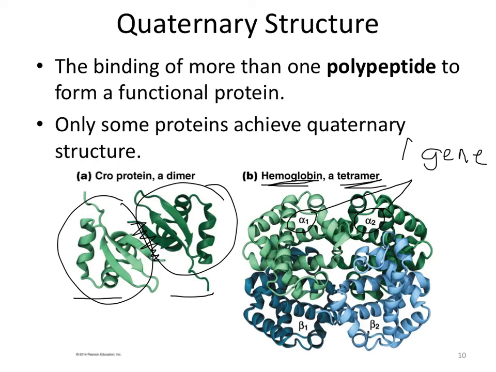And the beta 1 and the beta 2 each have their own gene. This would be in a normal human adult, for example. Therefore, there's a total of 1 plus 1 plus 1 equals 3 genes that are required to form the 3 polypeptide types necessary to form that hemoglobin protein.